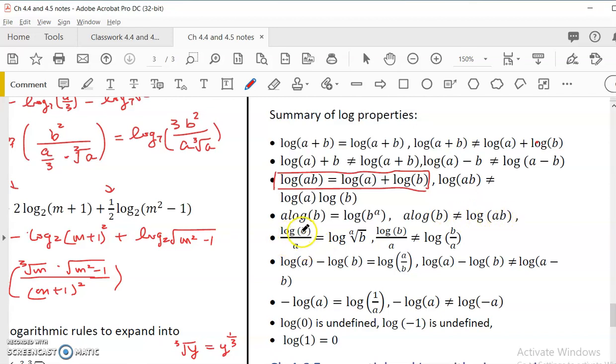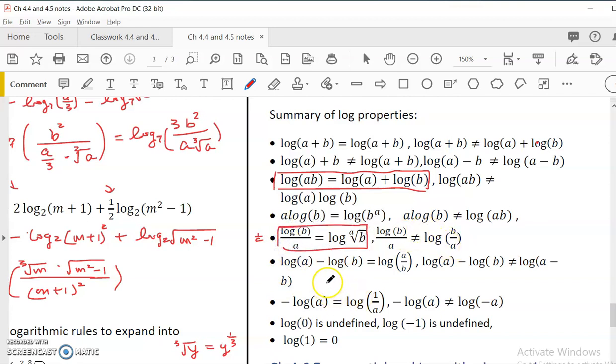And if you have log b divided by a, this means 1 over a, it becomes a root, because it's as if you're doing b to the 1 over a, which is a root. It is not equal to dividing inside. If you have log b over a, you cannot move the divide by a inside. It's actually a root. So this one is true.